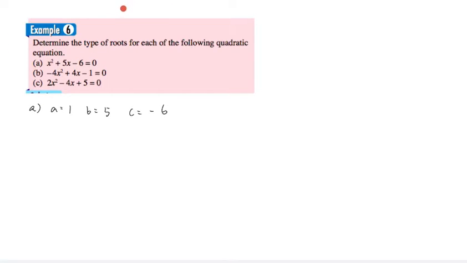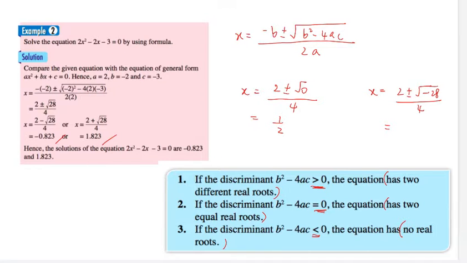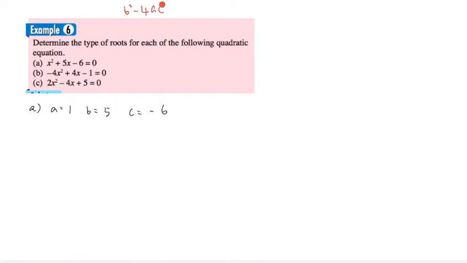So we use the discriminant, b squared minus 4ac, to determine it, because it's inside there. Just remember b squared minus 4ac. So now we start: b is 5, a is 1, c is negative 6.